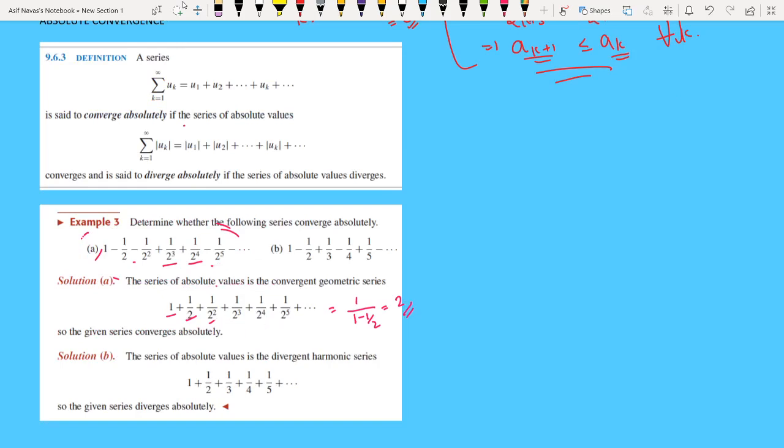So today we will define what is absolute convergence of a series.